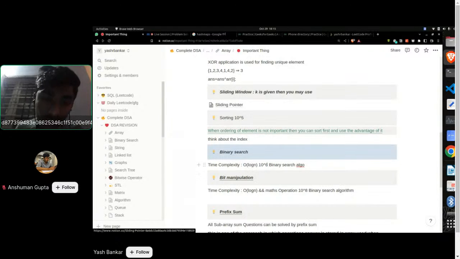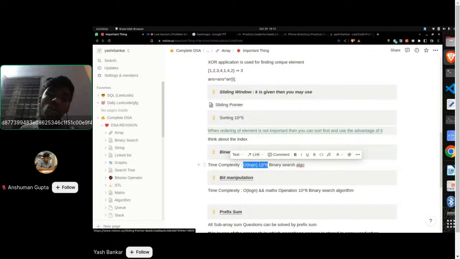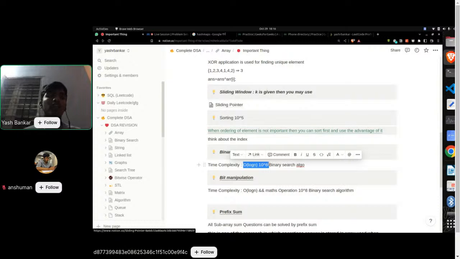If you are given a time complexity of log n or 10 raised to 8, both are similar according to that chart. Let me tell you, there is only one algorithm for a log n operation on an array. If you have to perform an operation on the array, only a single algorithm works in time complexity of log n.